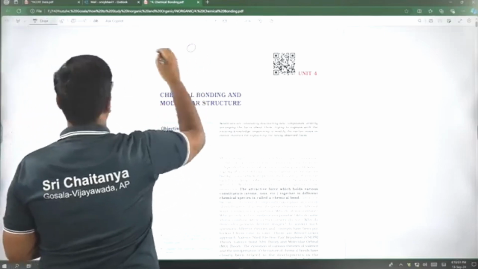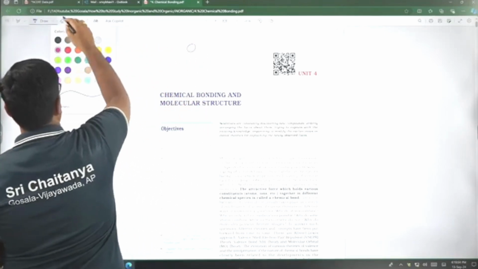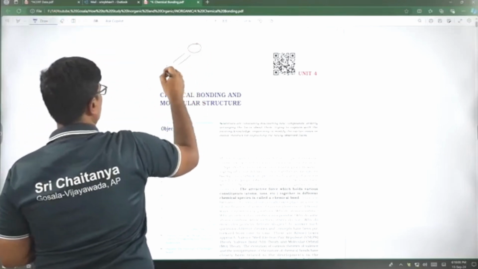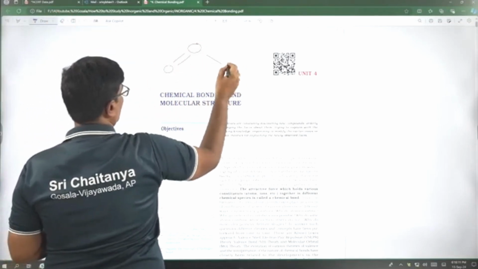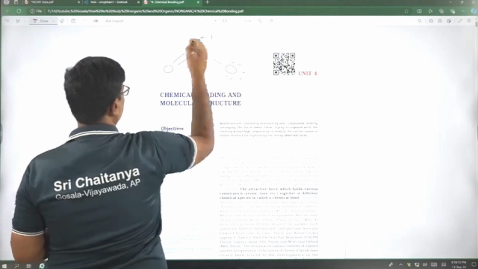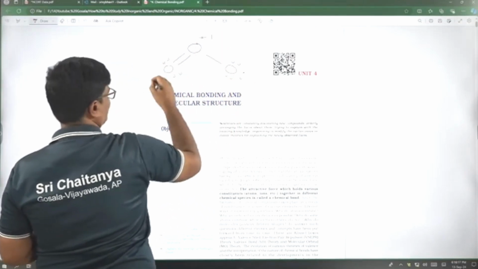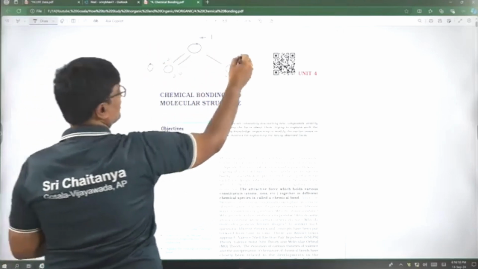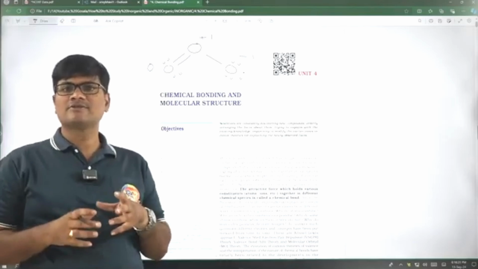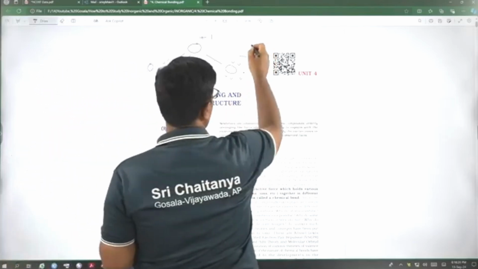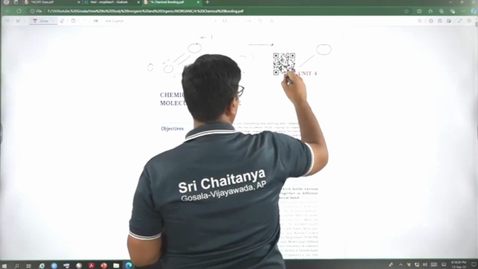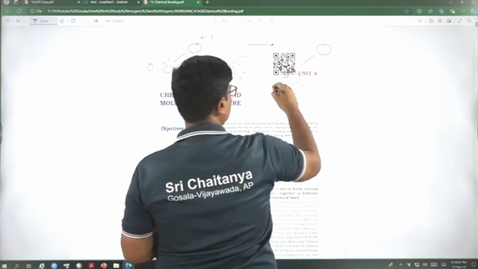So here, if you see the structure, there is a formal charge on the central atom. What is that? +1. And there is a formal charge 0, and there is a formal charge -1. And due to resonance, this formal charge is also changed. For example, the ozone structure can also be written like this, that we know.